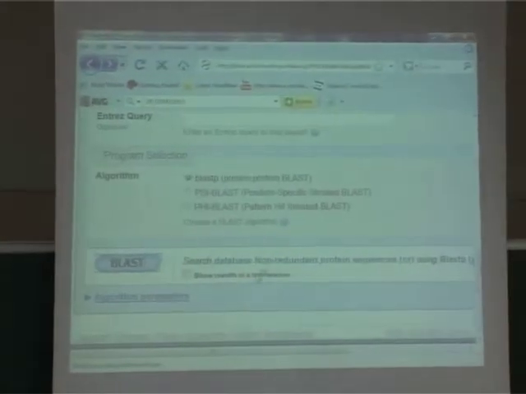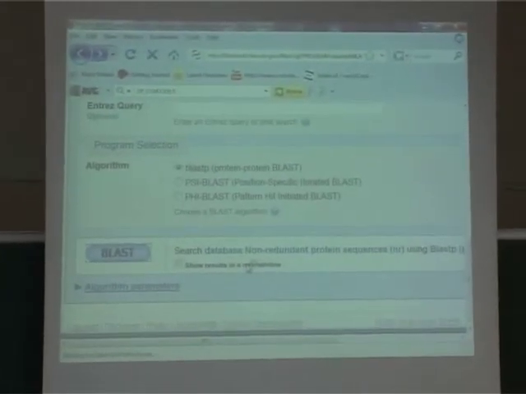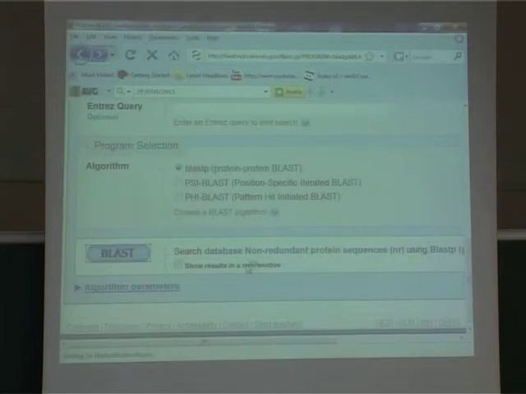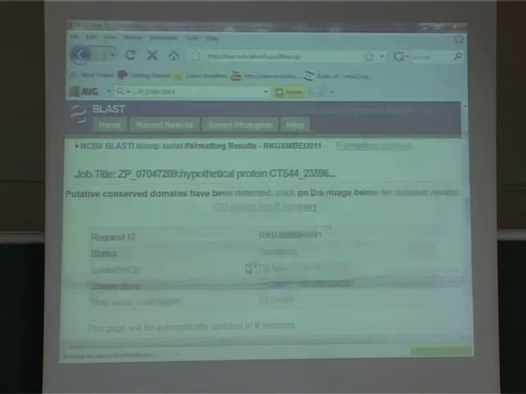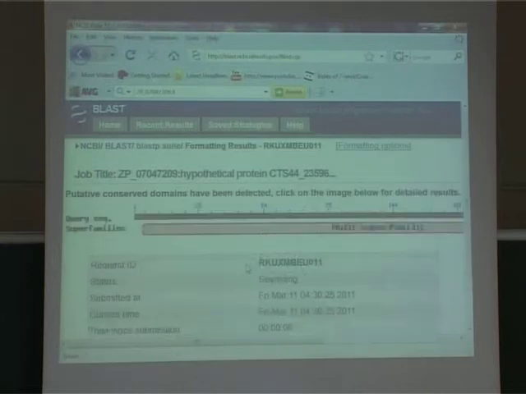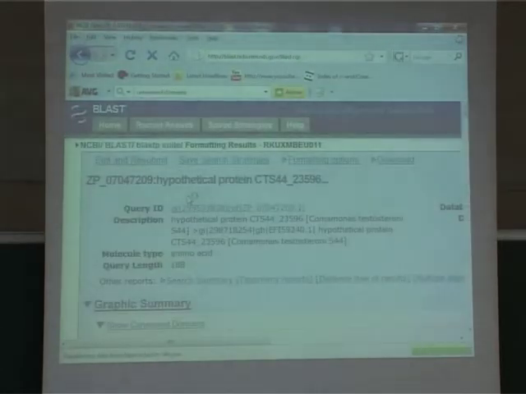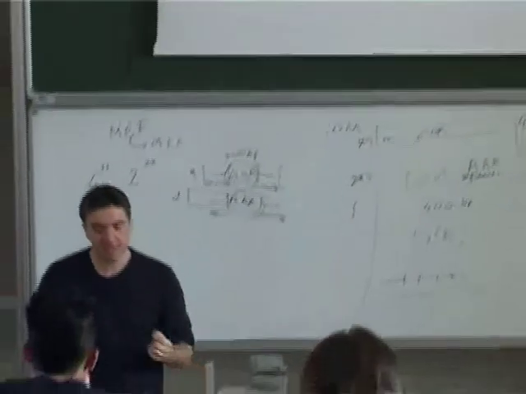If we do the search for this real protein sequence, the first thing that BLAST does before actually giving the results is that it analyzes our query sequence and finds the conserved domains. So in addition to the sequence database, there is a smaller domain database, in which certain regions of proteins that have special functions are stored.